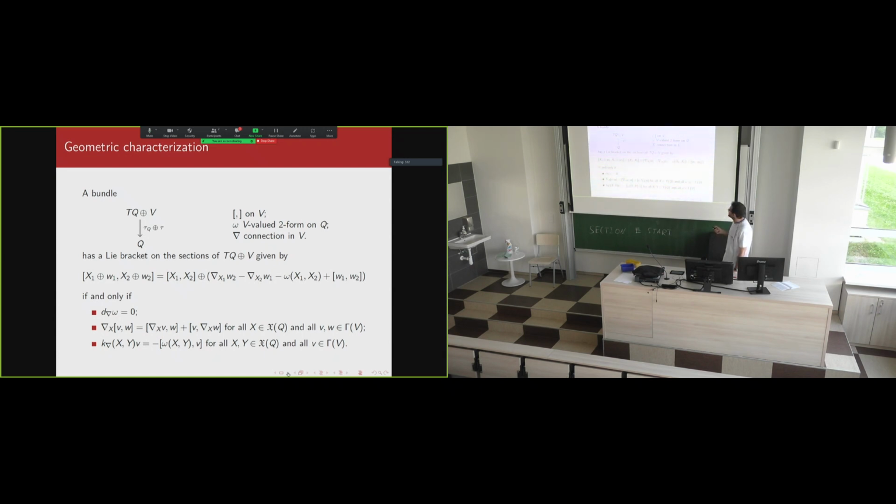For example, the first one is that the two form I have on Q is going to be closed under the derivative that is going to give my connection on V. So I have this one, which is like a kind of Leibniz product, and then I have this other one, which relates the curvature of the connection nabla with the form W I have here.